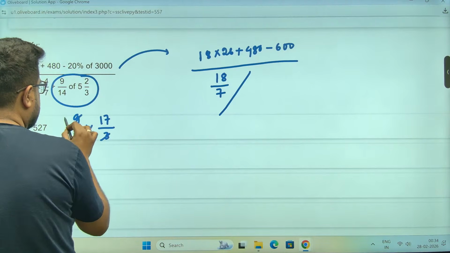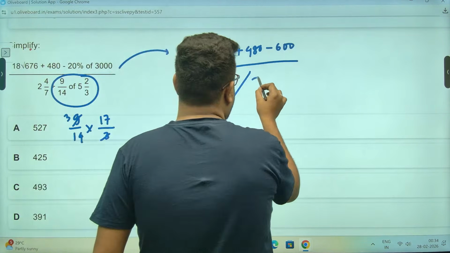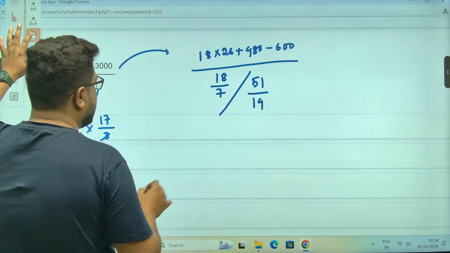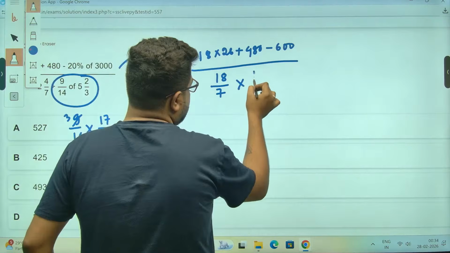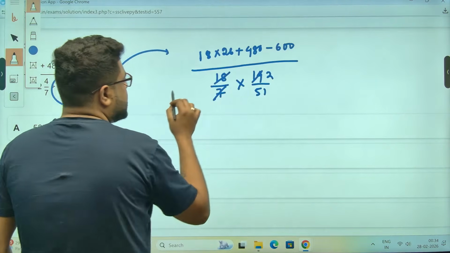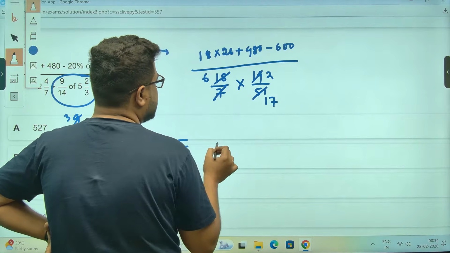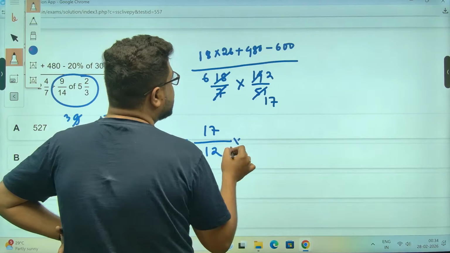So this is 51 by 14, or we can write into 14 by 51. So 6 at this, 3 17s at this. So 17 will go up.